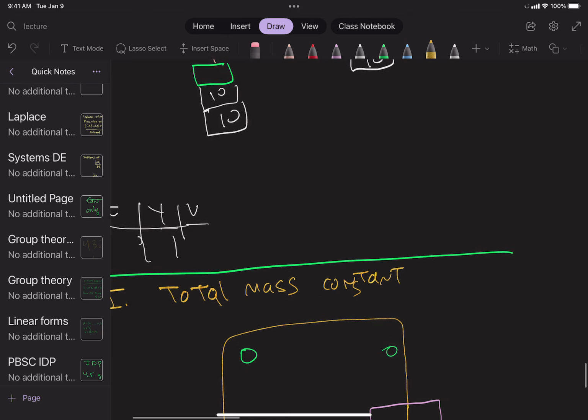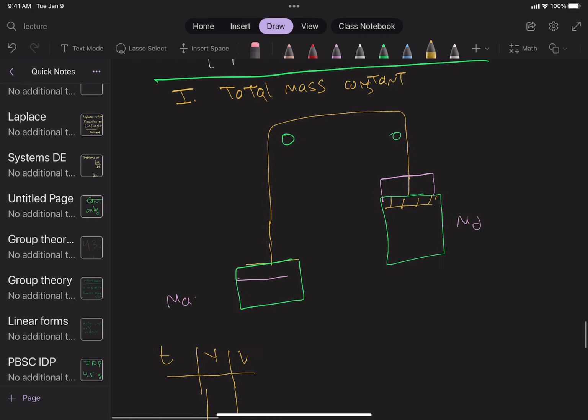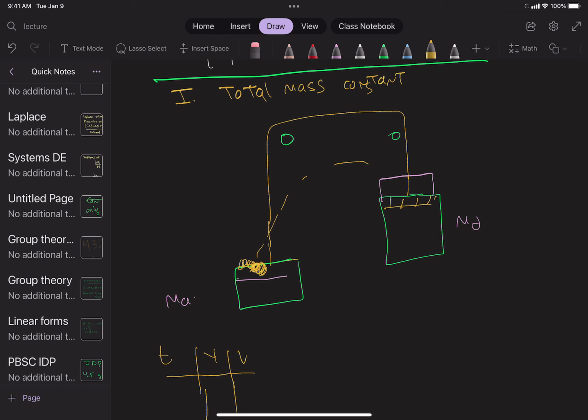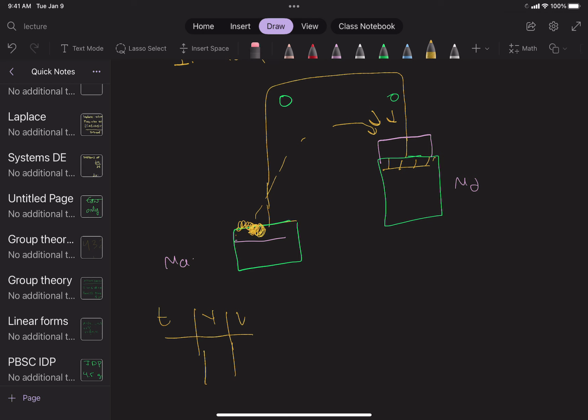And for part two, you're going to transfer mass: let me repeat myself, you're going to remove mass from the ascending object, and you're going to add that mass to the descending object. And again, you're going to get the data for time, position, and velocity.